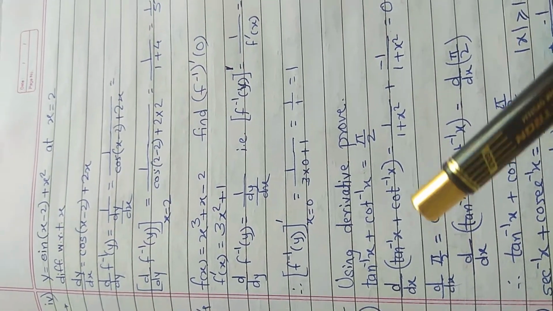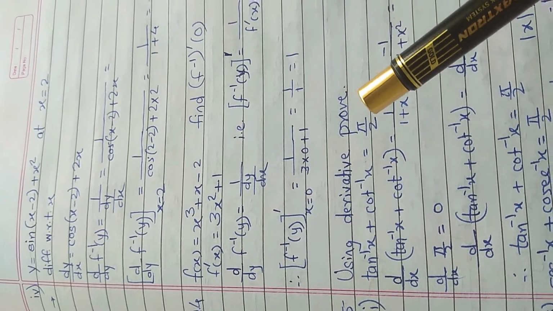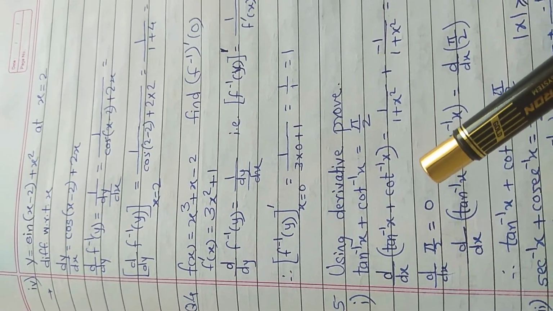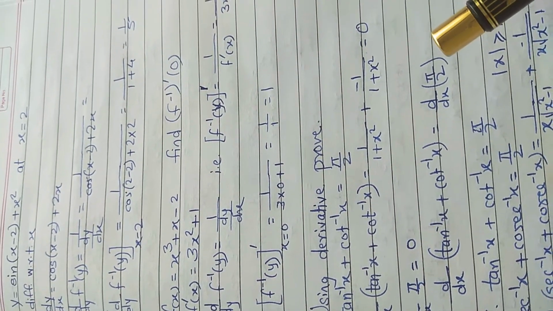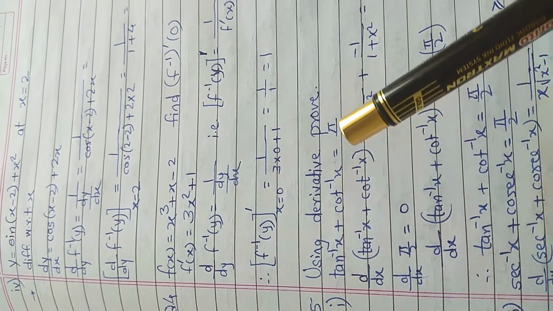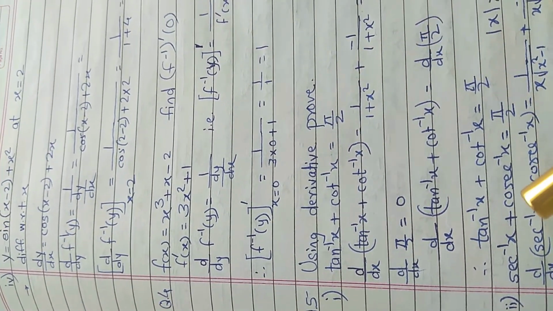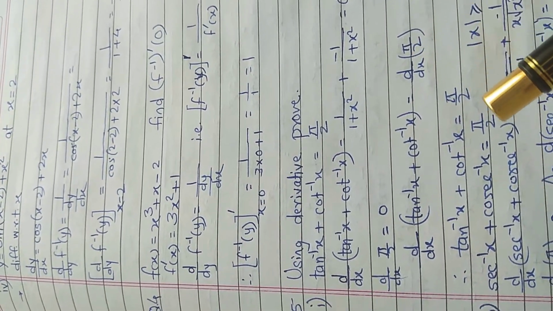And hence the derivative of the LHS is 0. Now derivative of pi by 2, which is a constant, is 0. As derivatives of LHS and RHS are equal, therefore we can write that tan inverse of x plus cot inverse of x is equal to pi by 2.